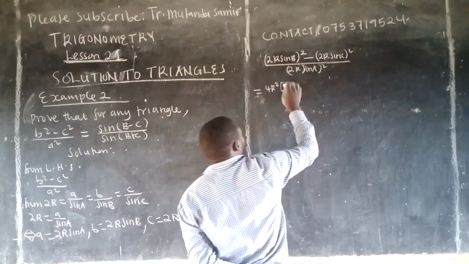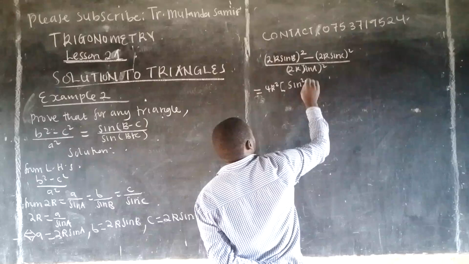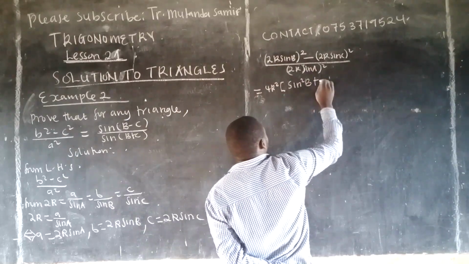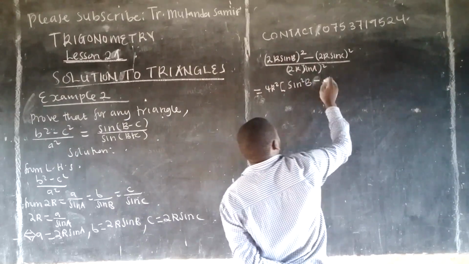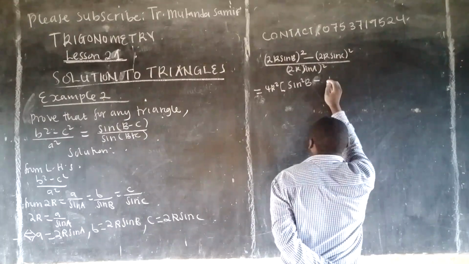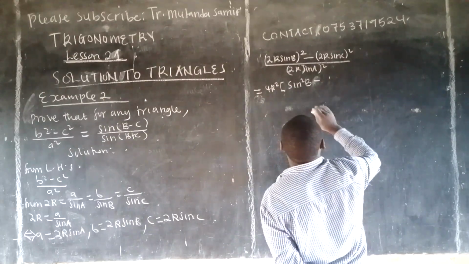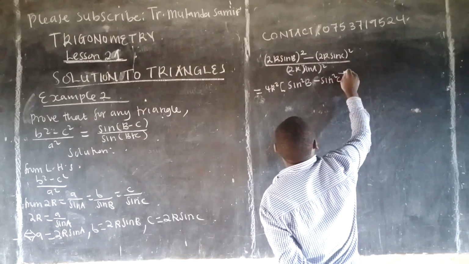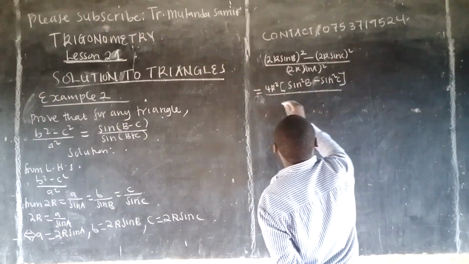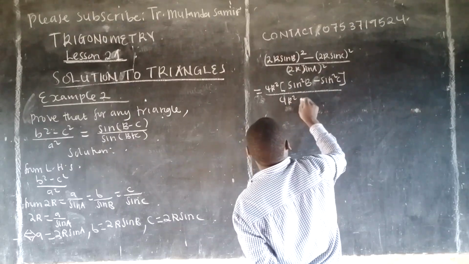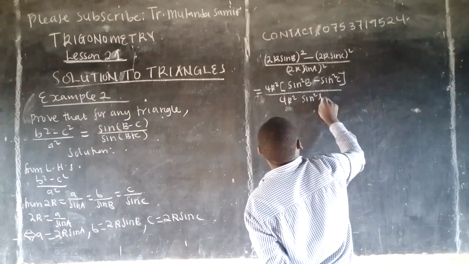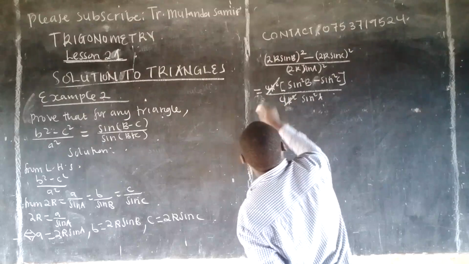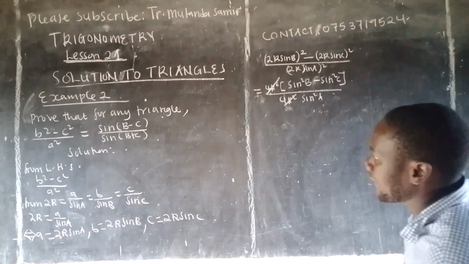So here we remain with sine squared B minus sine squared C over 4r squared sine squared A. So this disappears with that.